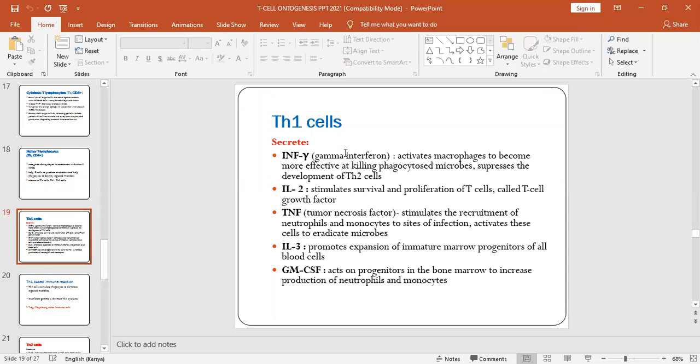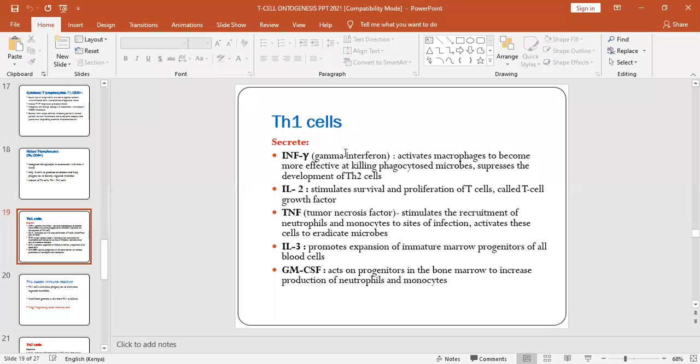Now, this T helper type 1 also secretes the tumor necrosis factor, which can also stimulate the recruitment of neutrophils and monocytes to the site of infection, towards eliminating any microbes that are foreign to the body. Then there's also the interleukin 3 that promotes expansion of immature marrow progenitors of all blood cells.